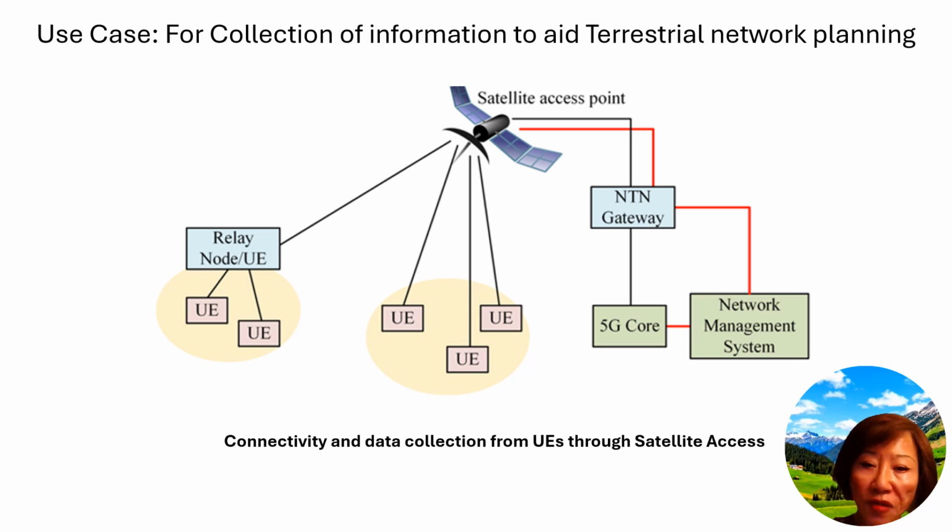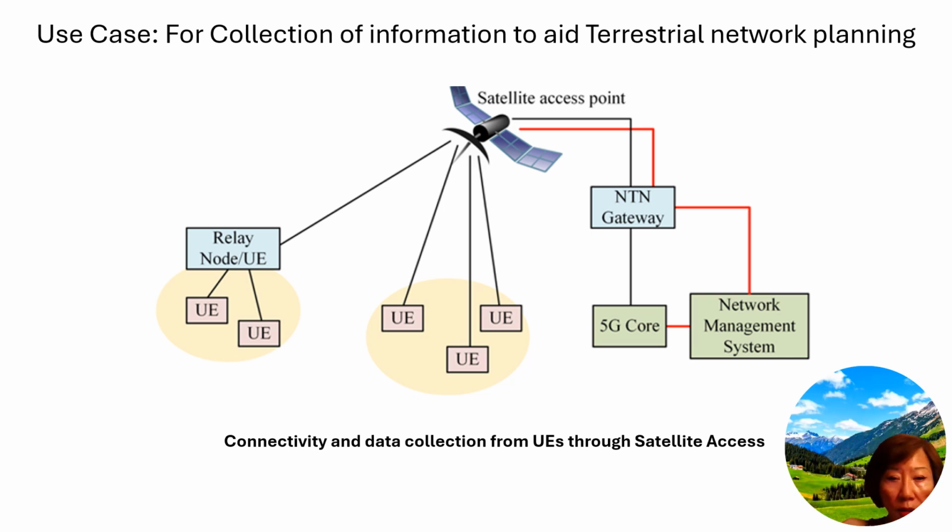This is a system for managing and monitoring the entire network, meaning the terrestrial as well as the NTN, non-terrestrial. As far as connections go, we have black lines representing wireless connections, likely satellite links. We have red lines representing wired or terrestrial network connections.